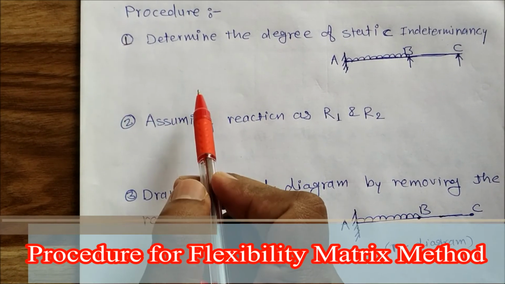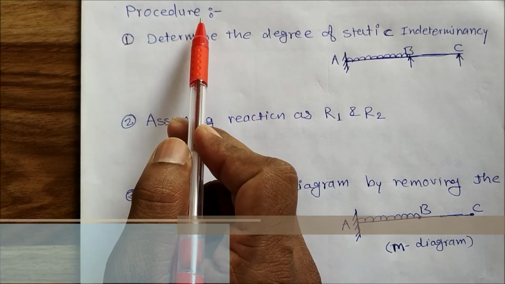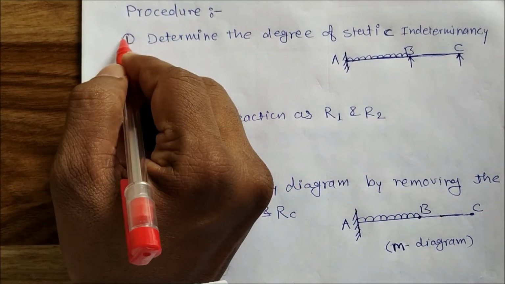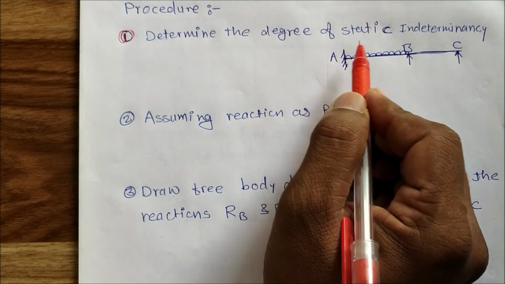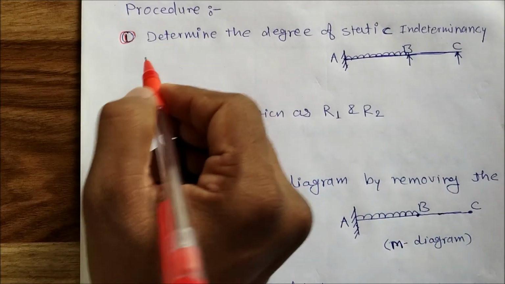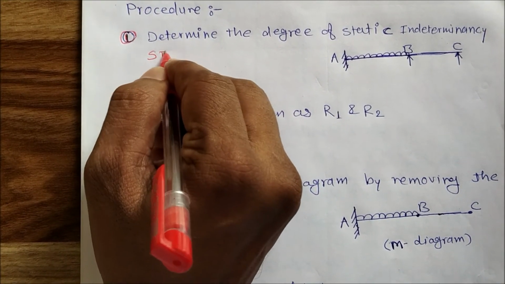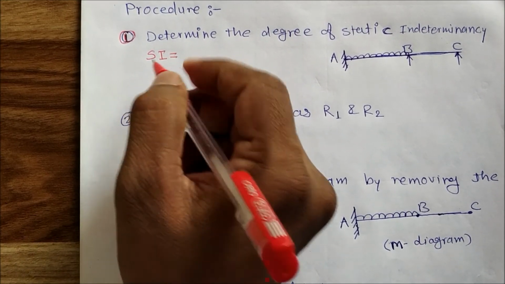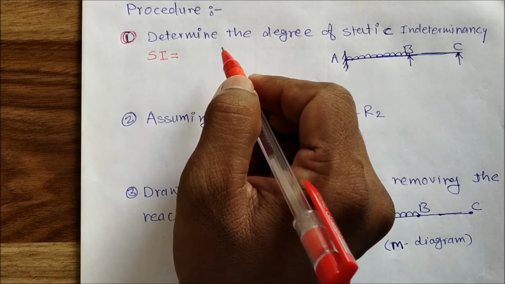At the end of this lecture, we will discuss the procedure of the flexibility matrix method. First step, determine the degree of static indeterminacy, that is, the number of unknown reactions minus the static equilibrium equations.